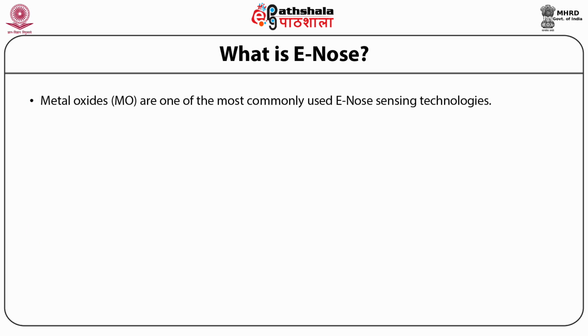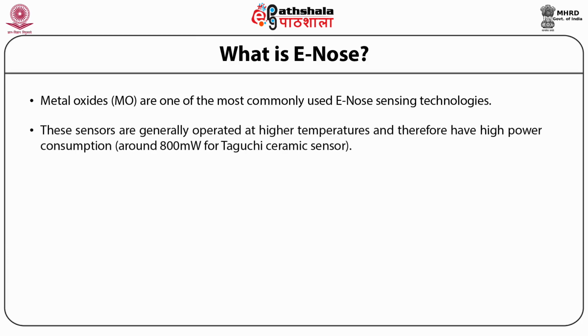Now, the most commonly used Enose sensing technology is based on metal oxides. These sensors are generally operated at high temperatures and therefore have high power consumption, around 800 milliwatt for Taguchi ceramic sensor.